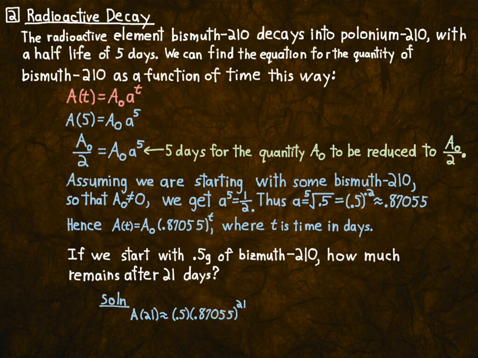So we get A of 21 equals 0.5 times the quantity 0.87055 to the 21st power. And use a calculator. You get 0.027 grams. And be careful you round it off to the number of places that you're asked to on the homework problems.